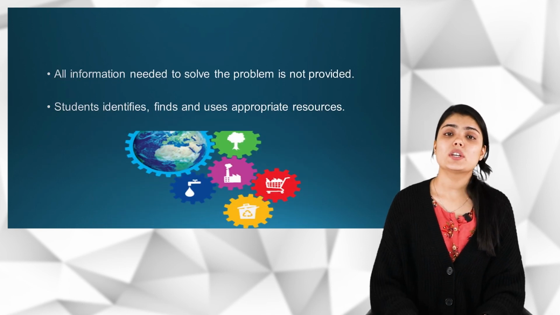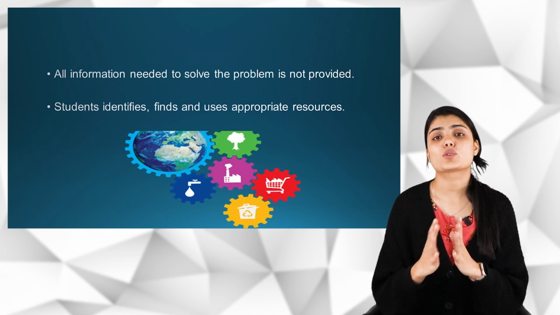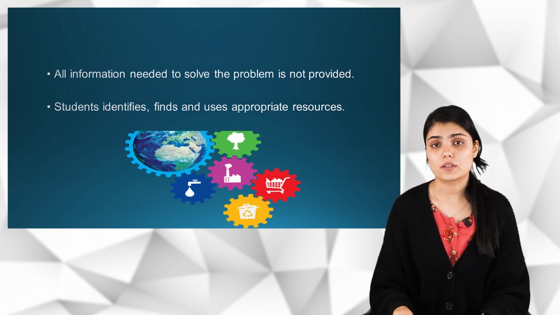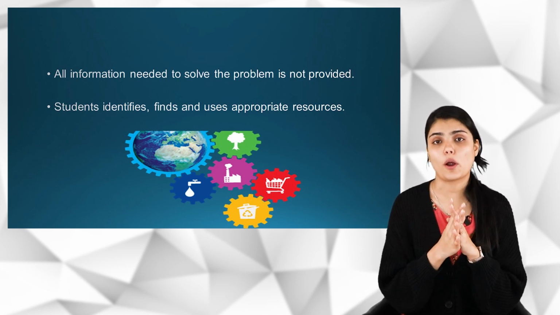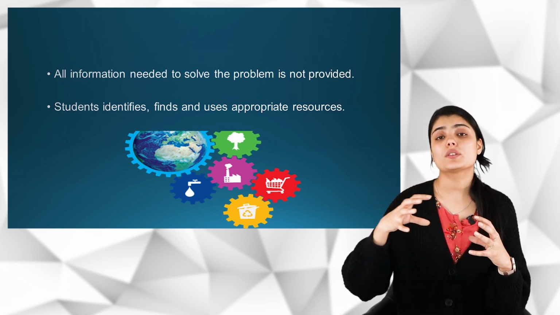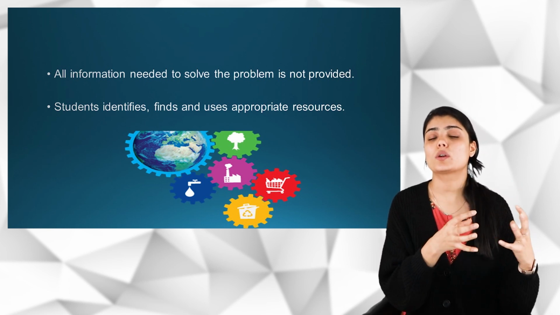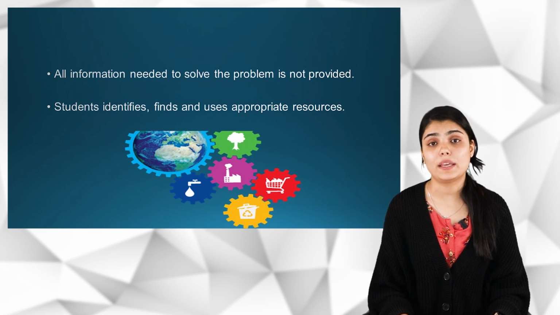The next feature is all information that is needed in order to solve the problem is not provided to the students. Okay, so the students are given the problem, or the students choose a problem, right? A group of students are there, they have chosen a particular problem. Now the teacher might have a thorough knowledge about what the problem is and how this problem can be solved, right?